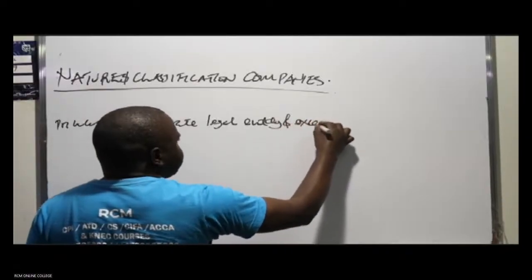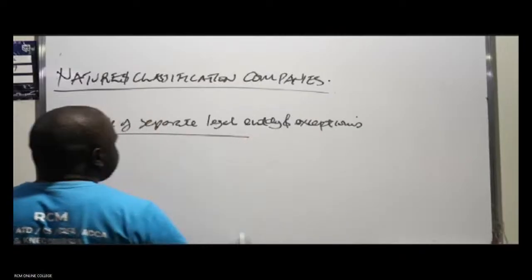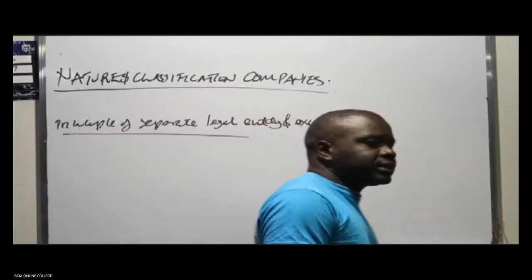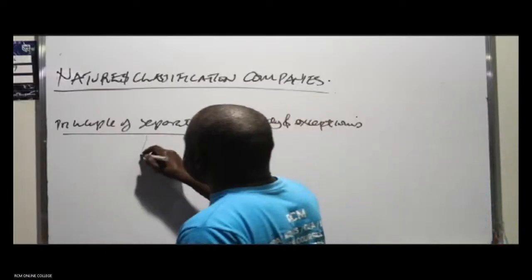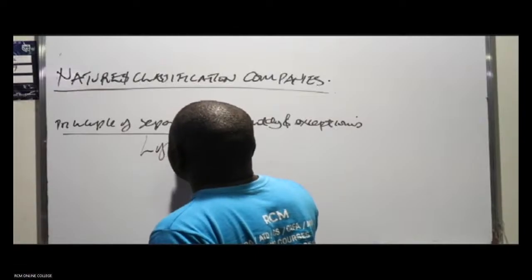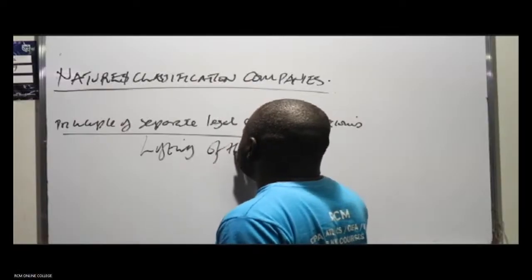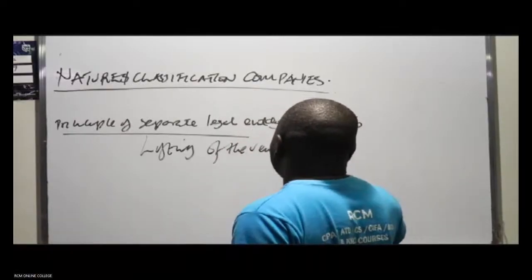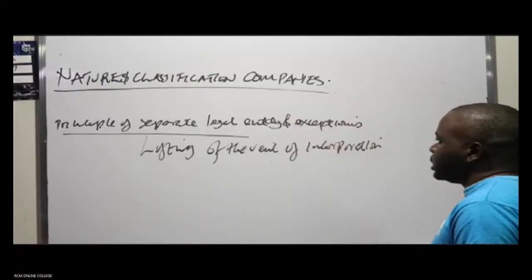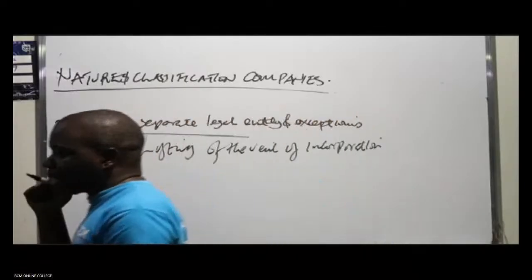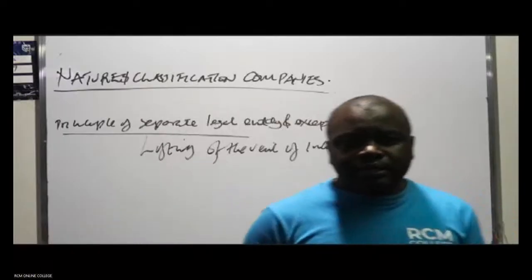You can look at the exceptions to the rule in Solomon versus Solomon and Company Limited, or sometimes we say the lifting of the veil of incorporation. This is what we finalized in our previous class. This discussion we've already done. If you happen to have missed the class, please go back and check our previous classes on the LMS.